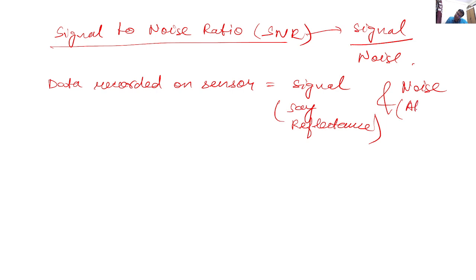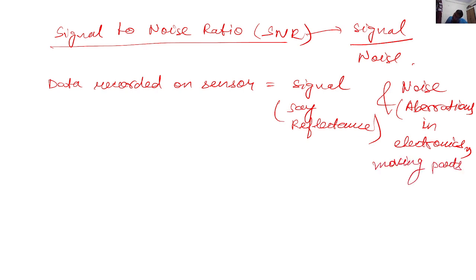Noise maybe because of aberrations in electronics, moving parts, or defects in scanning systems. These defects may happen when the scanning systems get older, so they are inherently there.